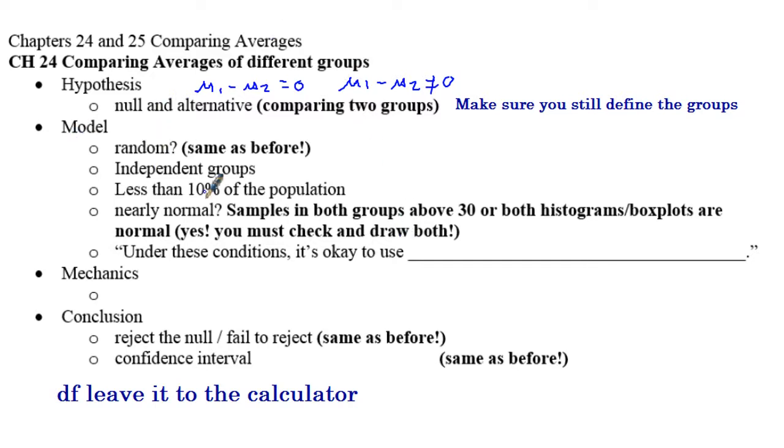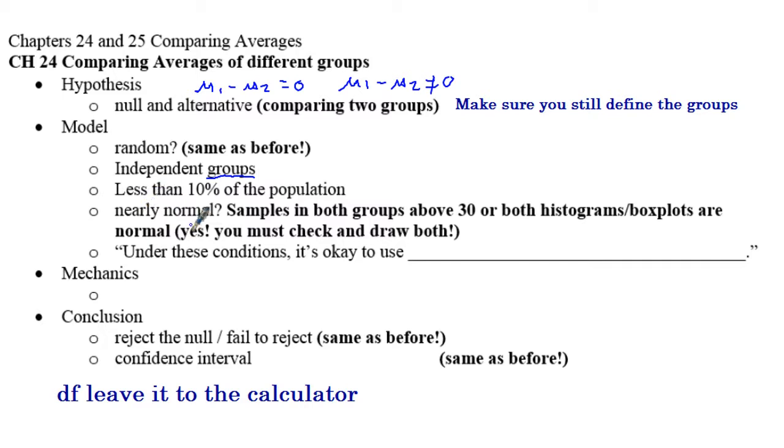Our conditions, our model, basically everything stays the same here. We're still checking for random, we're still checking for independent groups. Just like Chapter 22, we need to make sure the populations are less than 10%.